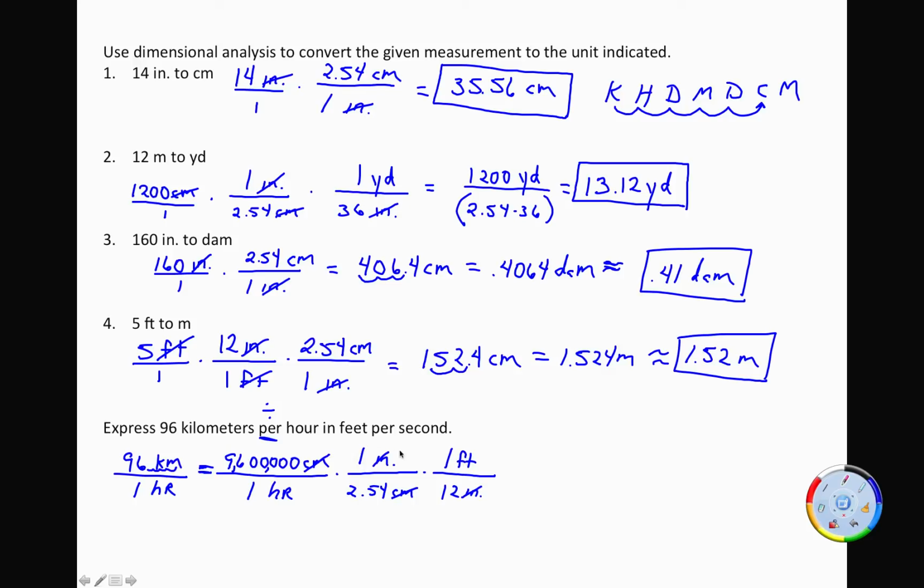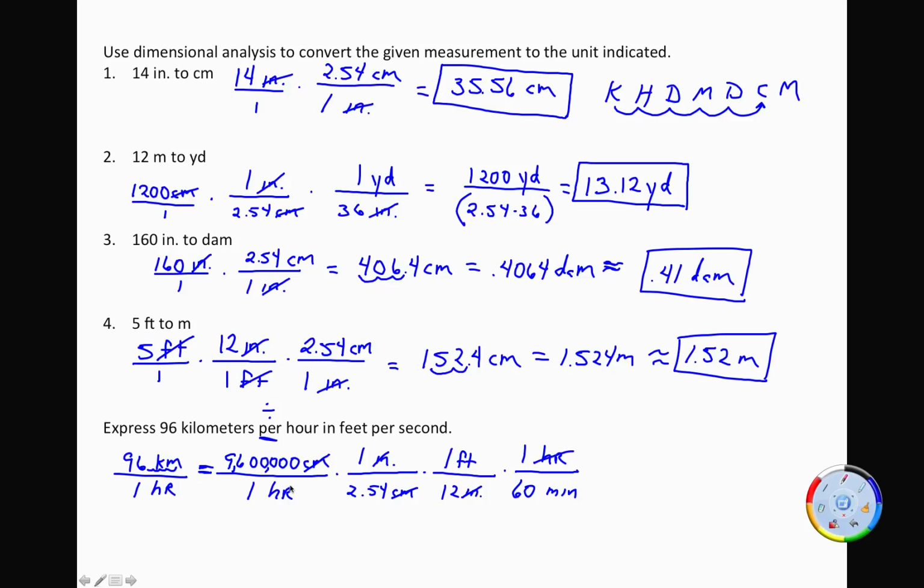So I can multiply all this out. I'd have 9,600,000 feet divided by 2.54 times 12 hours. But I want to change the hours to seconds. So that's just continuing my dimensional analysis. You may know how many seconds are in an hour, but if you don't, I bet you know how many minutes are in an hour. So I can also say, well, 1 hour is 60 minutes.